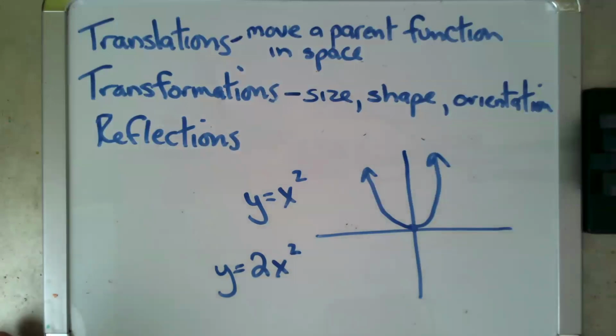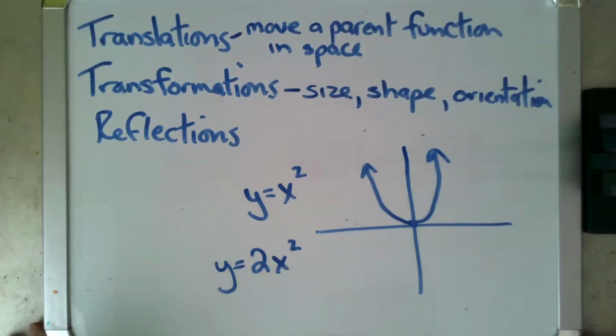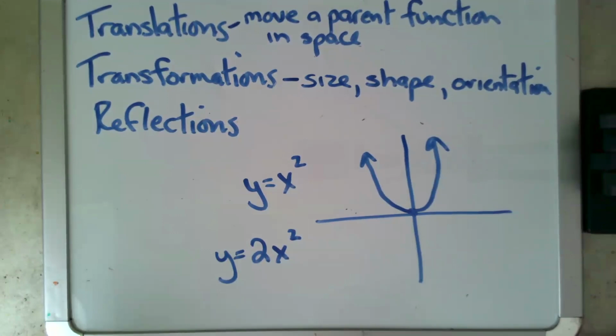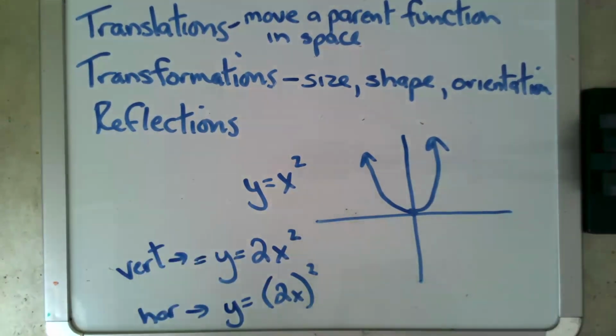And once again, I can multiply it to the x squared, in which case we will be talking about vertical transformations, or I can multiply it directly to the x and then square it, in which case I'm talking about horizontal. And just as before, the vertical transformations do exactly what you would expect them to, and the horizontals do the opposite of what you would expect.